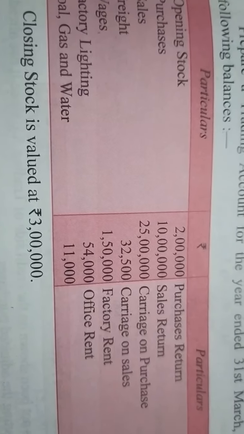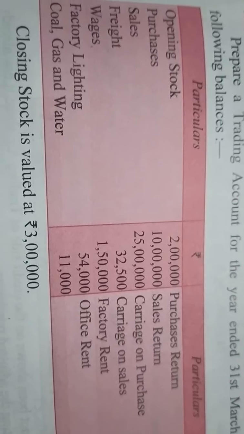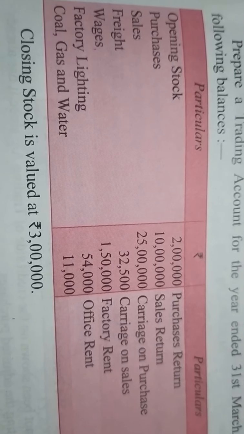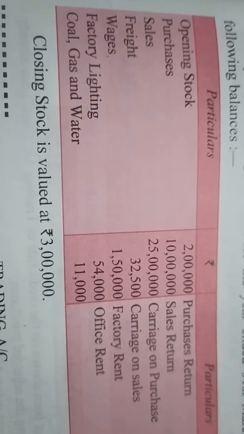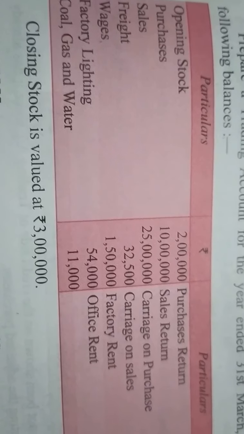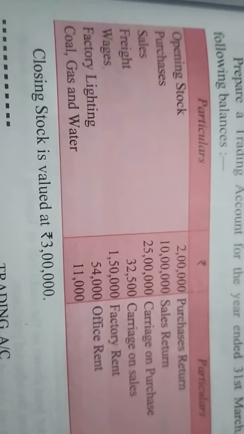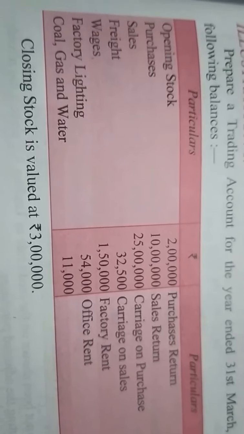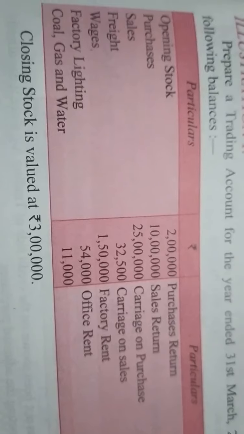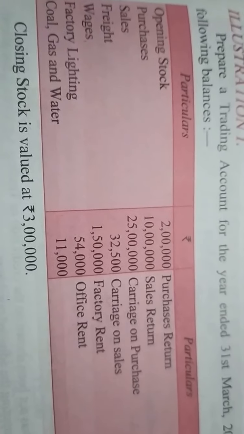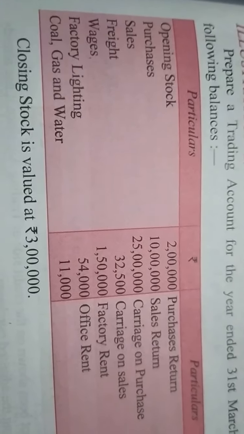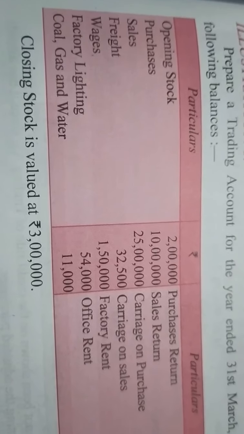Purchase return and sales return treatment I have already told you. Carriage on purchase: all the expenses which are incurred in order to purchase the raw material are shown in the trading account, and when the product is ready within the factory premises, then all the expenses which are incurred in order to sell them come under the category of indirect expense.